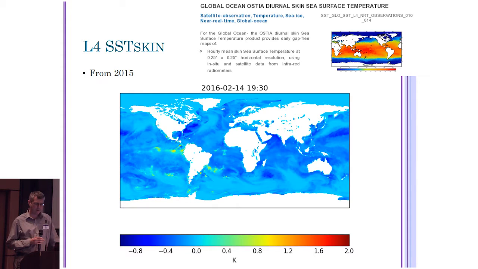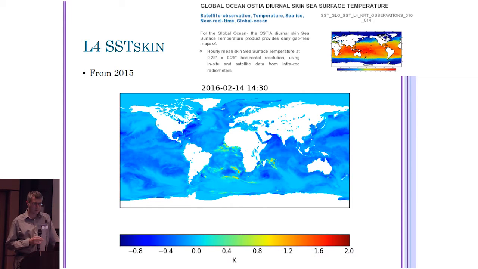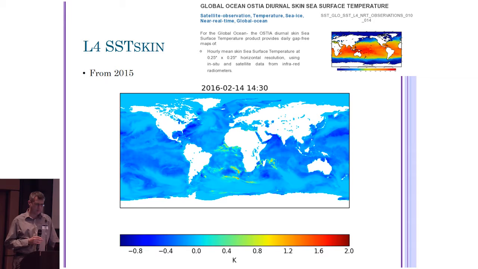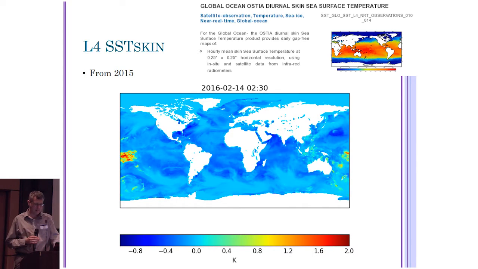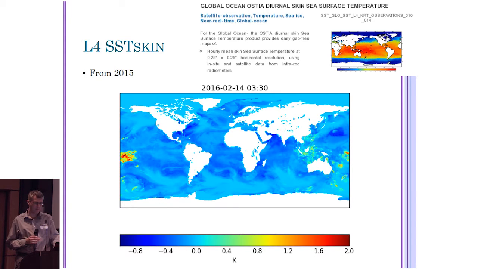This is showing the difference between the foundation SST and the skin SST throughout the day in February this year. And you can see the highest values moving across the globe, corresponding to where the solar heating was. This is, as I say, a relatively new product, so there's only just over a year's worth of data available for this at the moment.